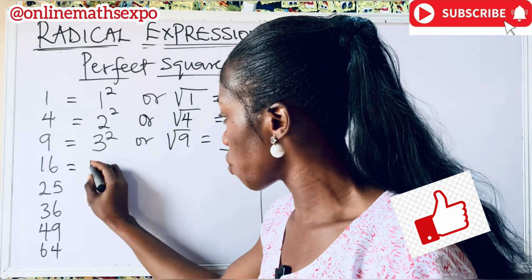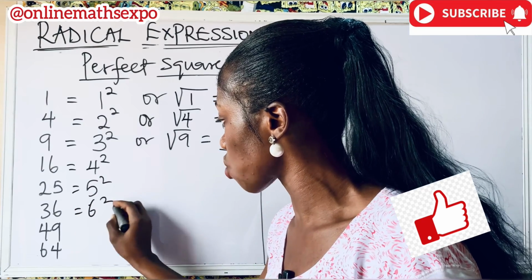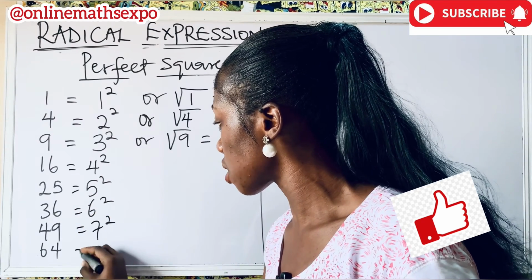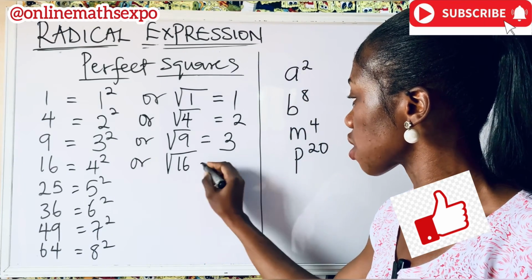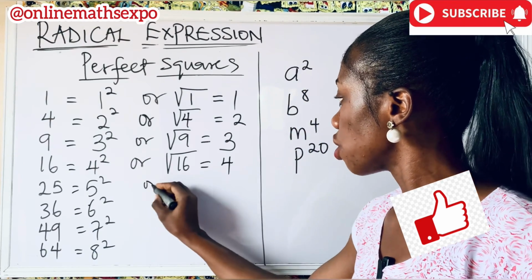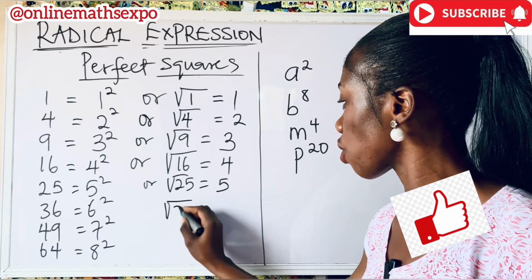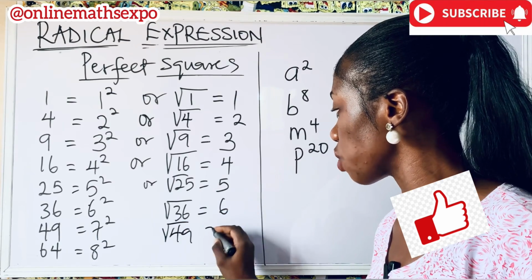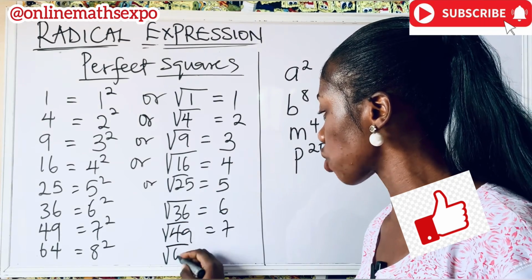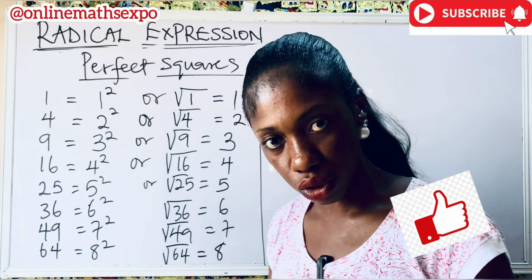Okay, for 16 we have 4 squared, this is 5 squared, 6 squared, 7 squared, 8 squared, or square root of 16 will give you 4, square root of 25 will give you 5, square root of 36 will give us 6, square root of 49 will give us 7, square root of 64 will give us 8, and the many of them we couldn't mention.